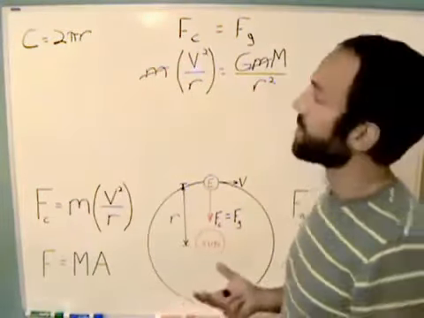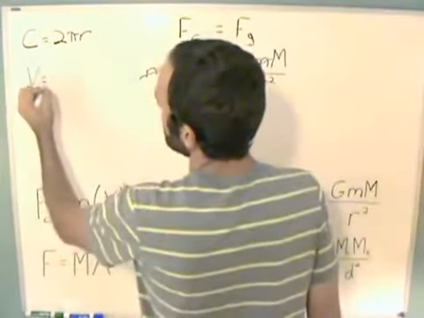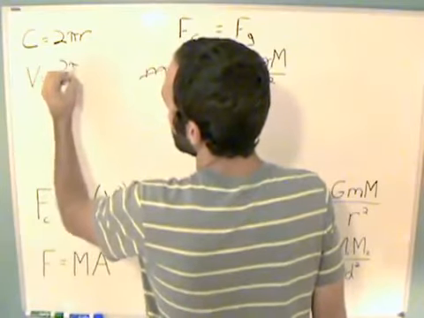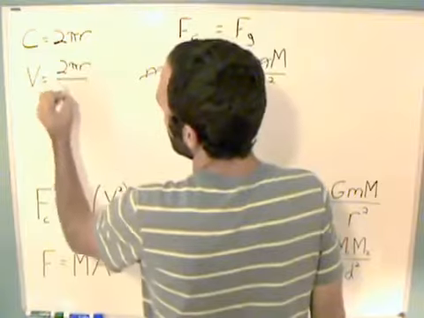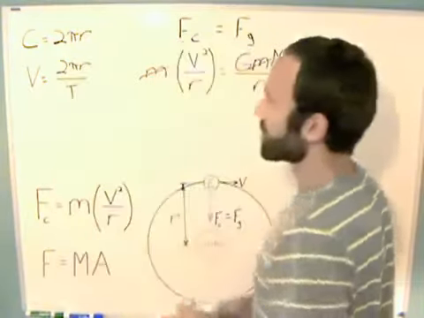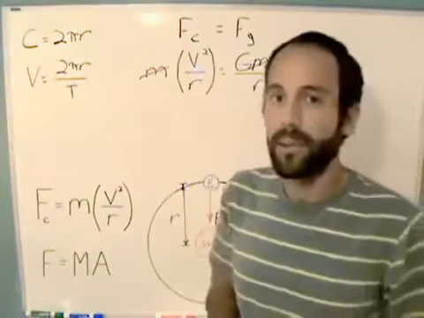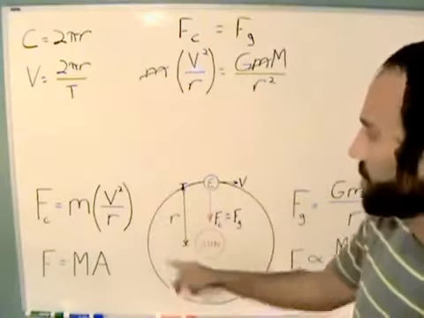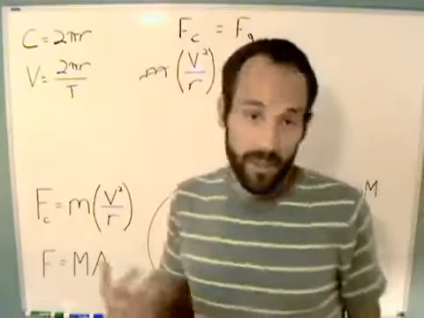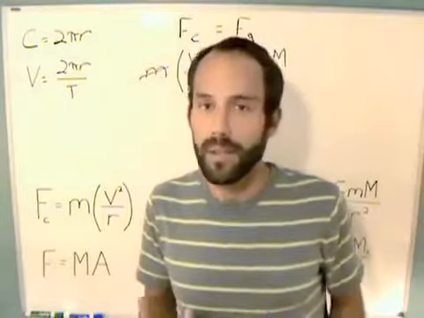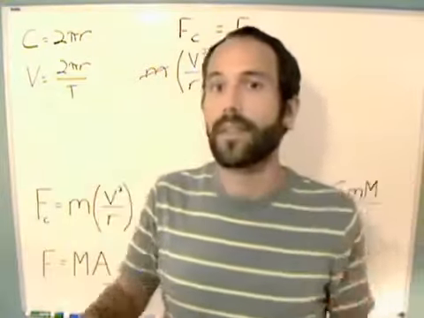So what they can do is say that velocity is equal to 2 pi r over big T. In physics, big T is usually considered a period, or the time it takes to make one revolution, which in this case they thought was 1 year, because the Sun does its thing in 1 year.